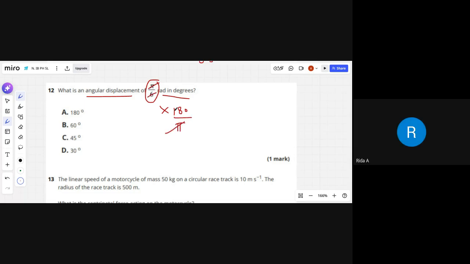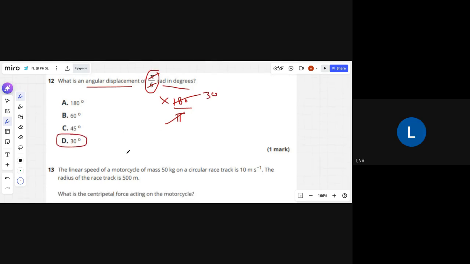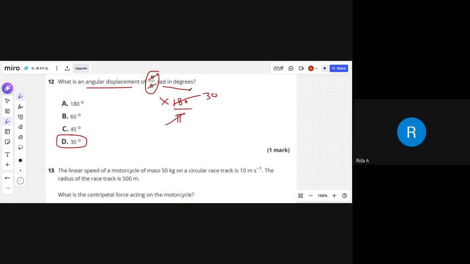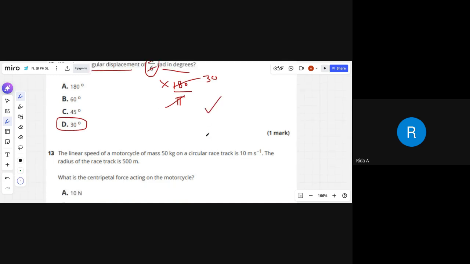Wait, radians to degrees, degrees to radians. I think it's the other way around. So when you're converting radians to degrees, you times by 180 over pi. No, no, this is correct. Yep, that's right.